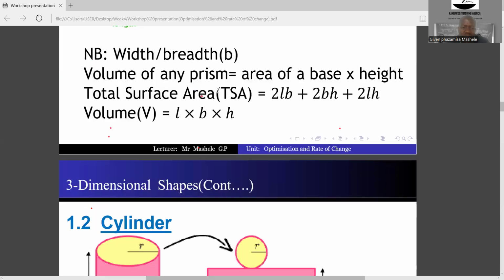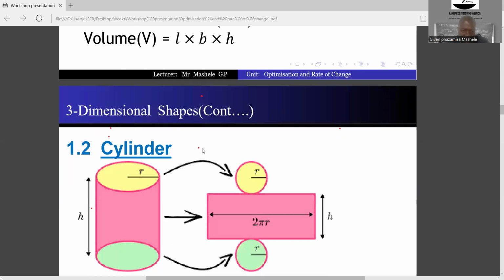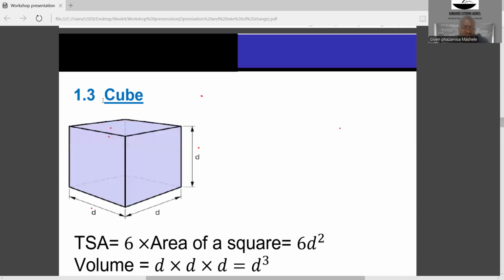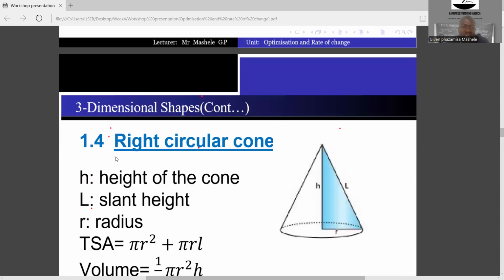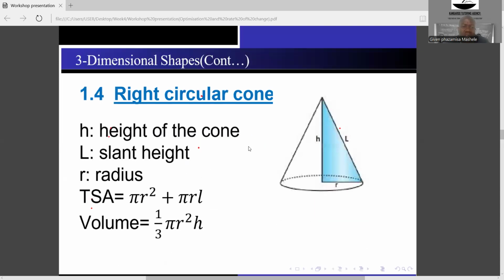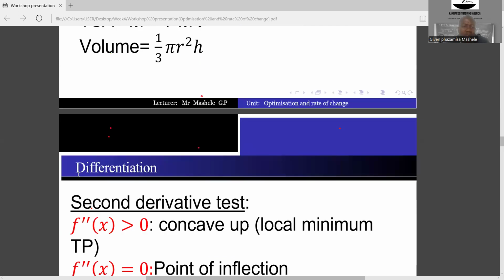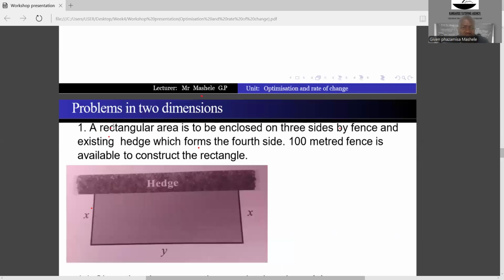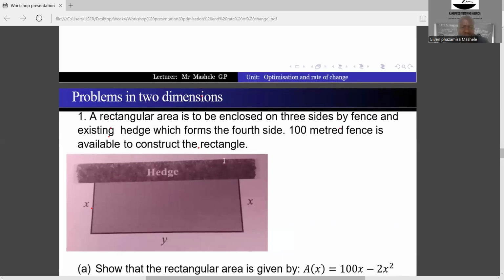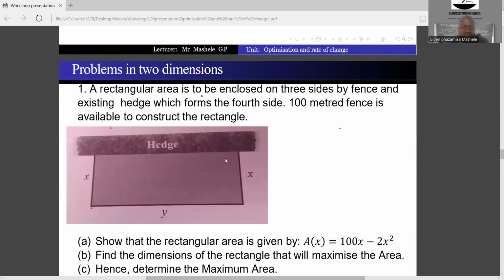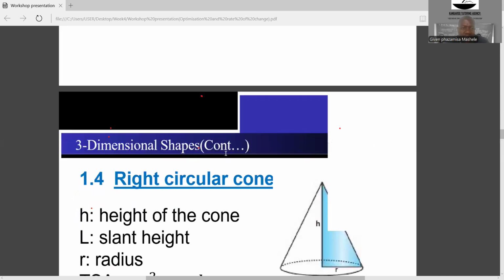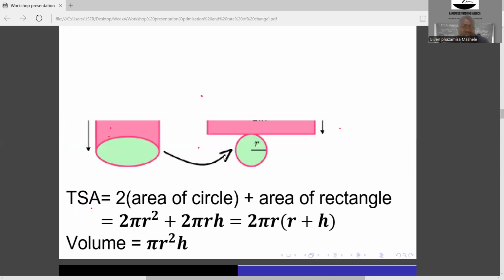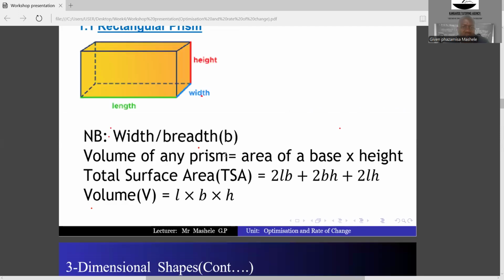After the rectangular prism, I'll take you through the cylinders. After the cylinders, I'll take you through the cube and the right circular cone. And also this part of second derivative, I think we'll address it later. I'll just take you through the problems that are in 2 dimensions and also in 3 dimensions. Without wasting time, let's dive into our session.